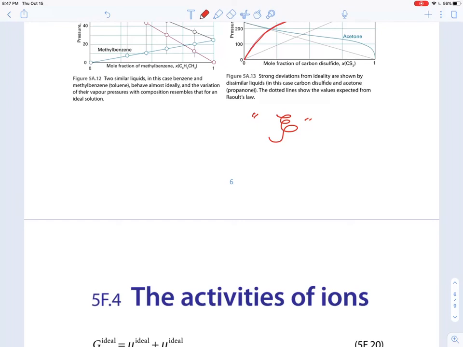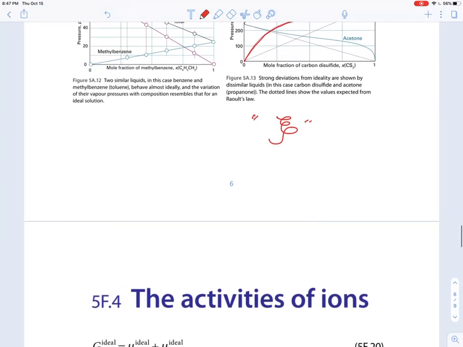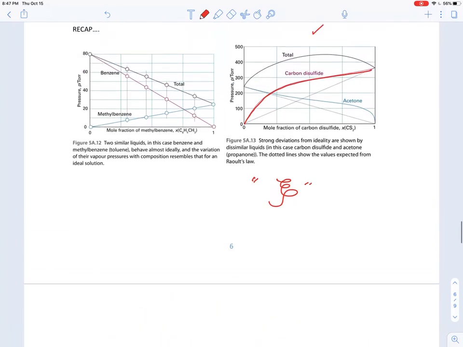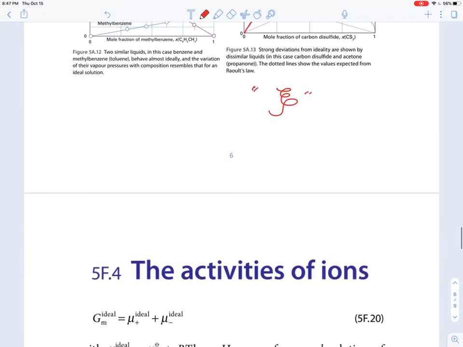So understanding the activities of ions is very important, and I'm going to record a separate section for that to complete this essential section 5F on activities. Okay, thank you for your attention.